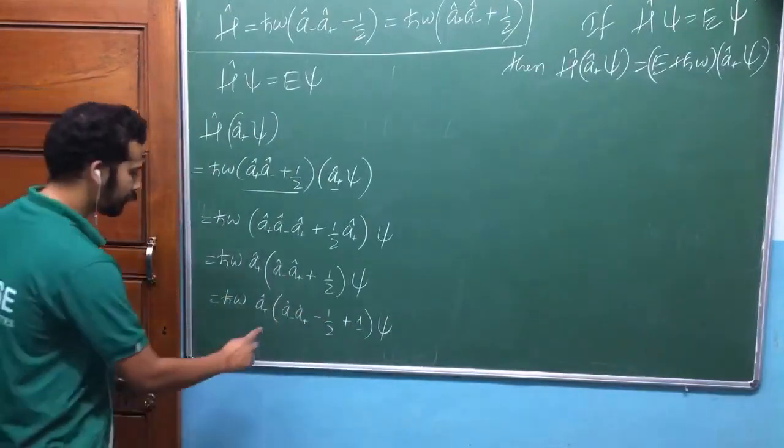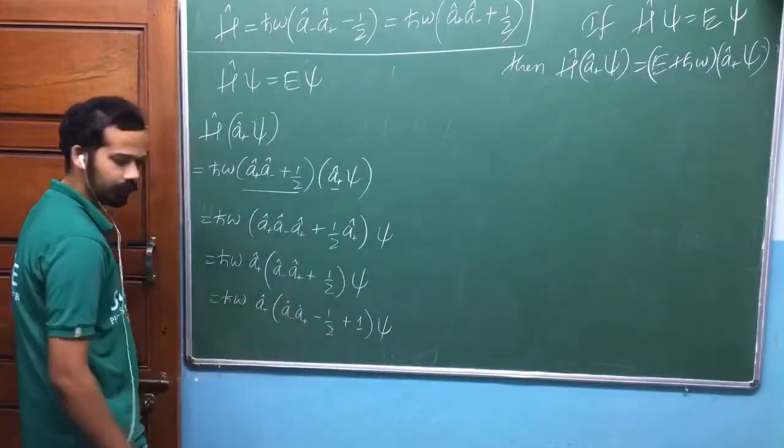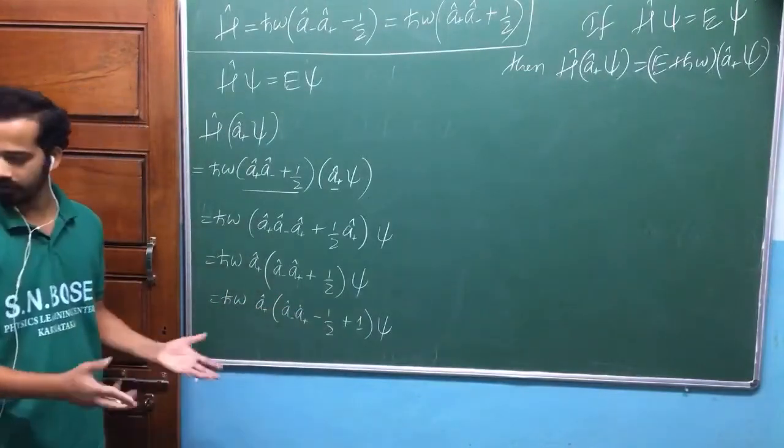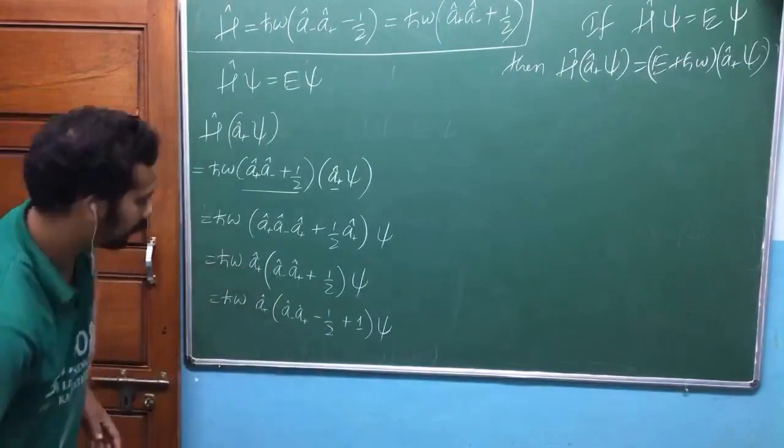So this whole thing together with h bar omega you can keep it anywhere. It's a scalar. It is not an operator. You can keep it inside or outside. It doesn't matter.